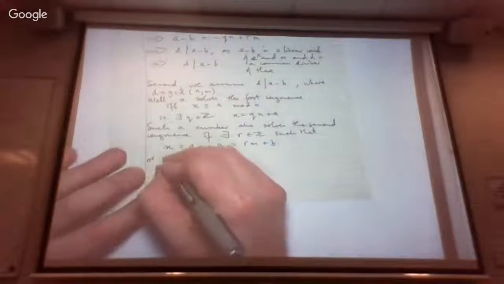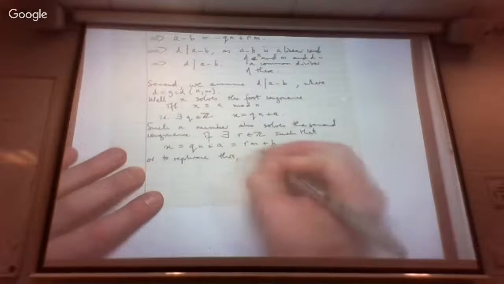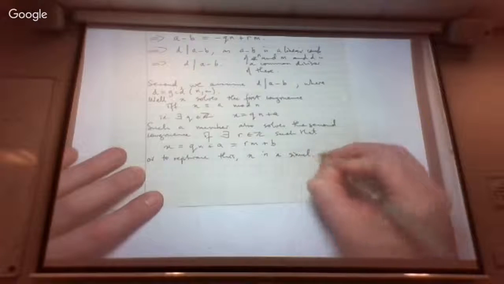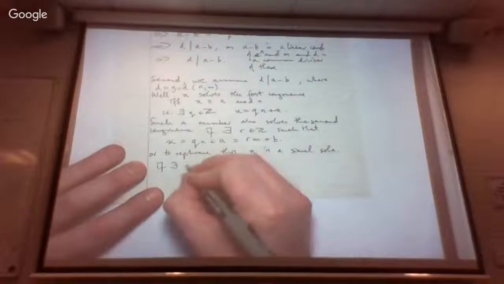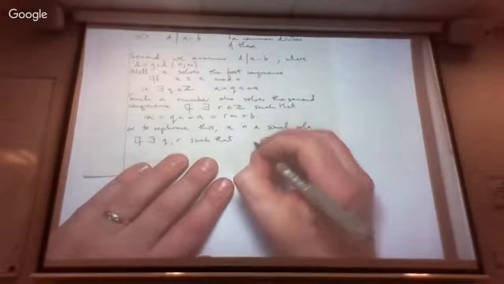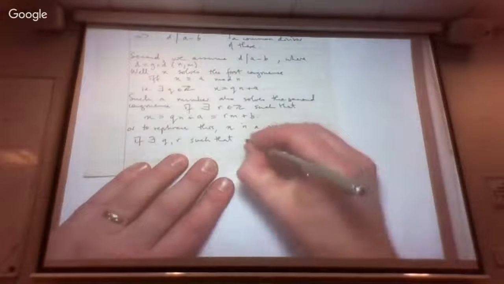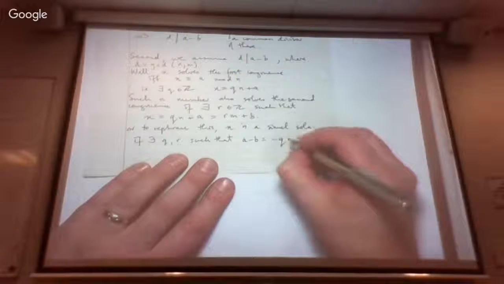Or to rephrase this again, x is a simultaneous solution if there exist integers q and r such that this is equal to this. So a minus b is equal to minus qn plus rm.